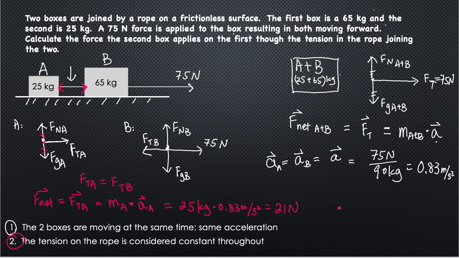Therefore, for the force asked in the question, the force the second box applies on the first through tension, the B box is pulling on the A box through the piece of rope with a tension force that equals the tension force A experiences on its own, which is 21 newtons.